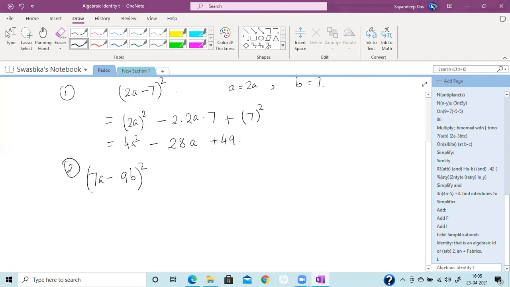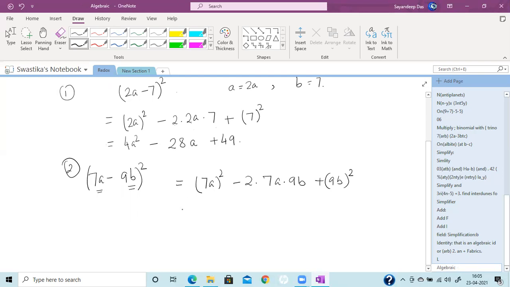Here a is the first term 7a and the second term b is 9b. So we can write a square, that means 7a square, minus 2 into 7a into 9b plus 9b square.